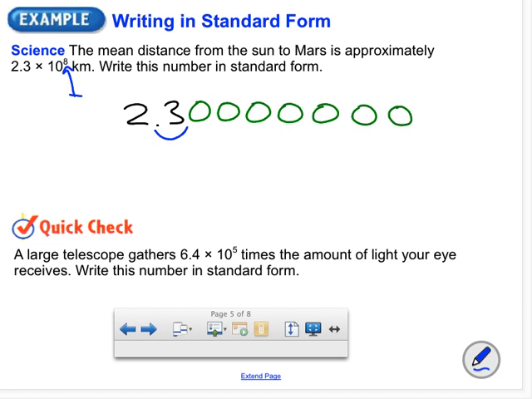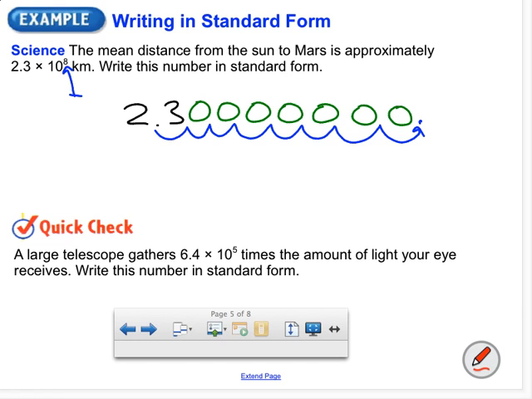So 1, 2, 3, 4, 5, 6, 7, 8. Did I put 8? So I only put 7, so actually I'm okay, because here's my decimal right here. Now let's put some commas in to help us say this number.